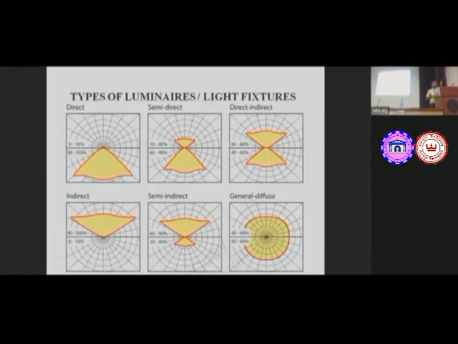Applications wise, it could be of different types. Like in this case, the light source that we can see over here, all these are this kind of light source. Okay, light is going only downwards. There are other types of light source where we want to put the light in the top sections also. For general diffuse, the light will distribute in every direction in 360-degree angle.